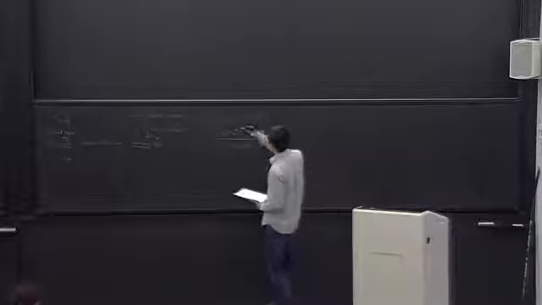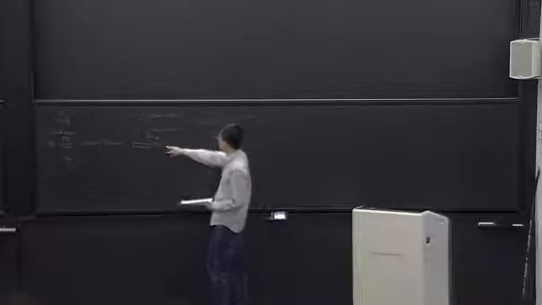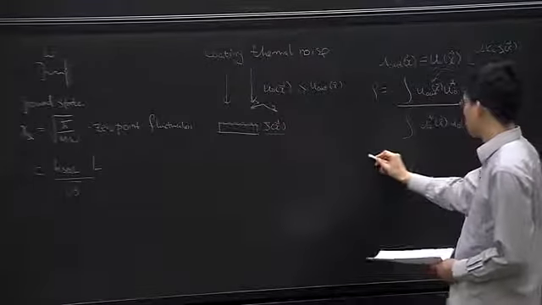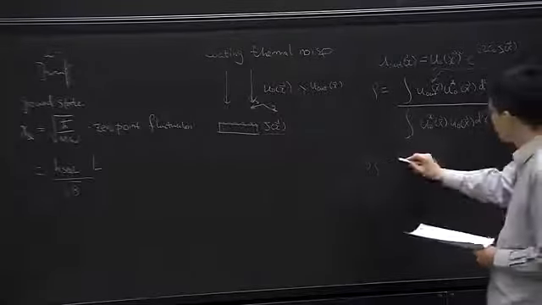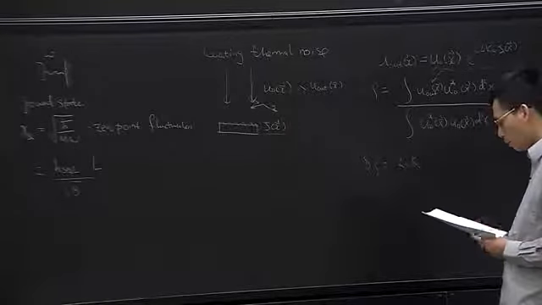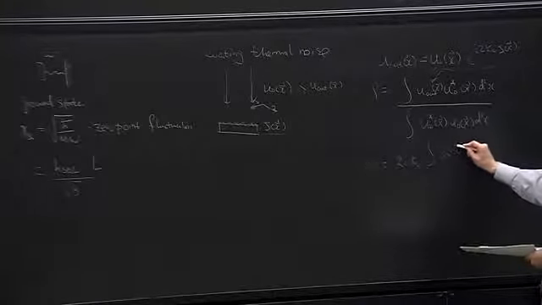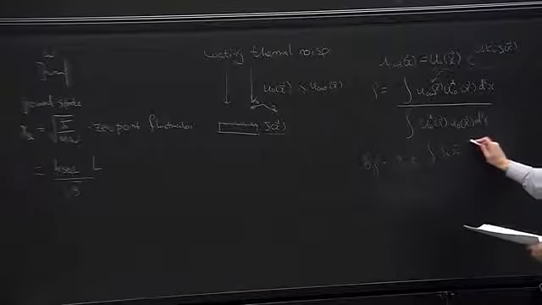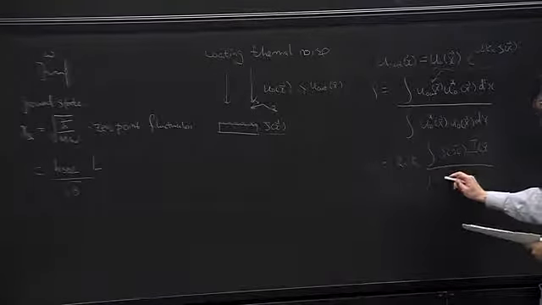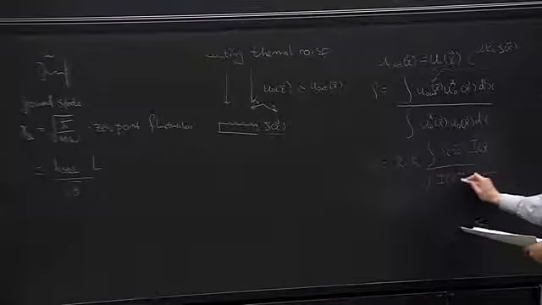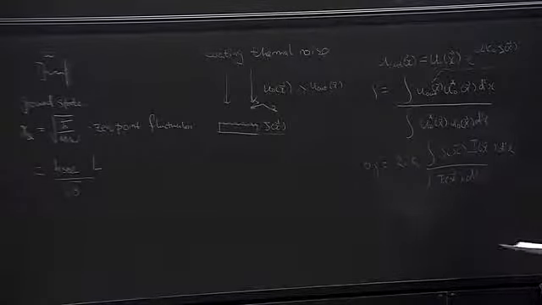So you can plug in here. Basically, the fluctuating mirror surface will generate a fluctuation in the reflectivity function, which is 2i k0 times the integral of c(x) I(x) dx, divided by the integral of I(x).